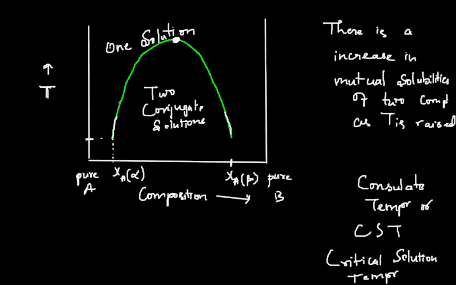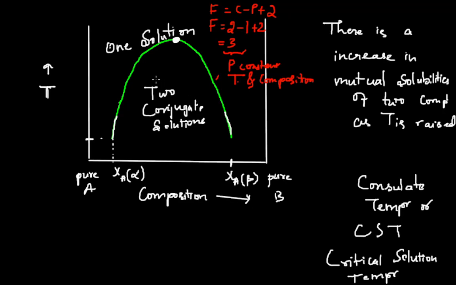Okay, now a few things to discuss here. Now what will be the degrees of freedom here? F, you know, is F equals C minus P plus 2. Here components are 2 but phases are 1 plus 1, so it is 3. So outside the curve, if you keep pressure constant, which has been kept constant for this, you have to specify both the temperature and composition to completely specify a position.